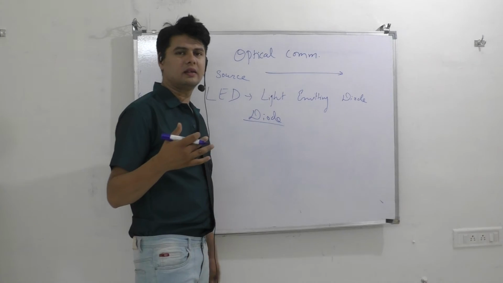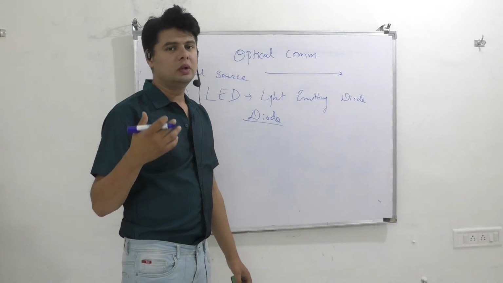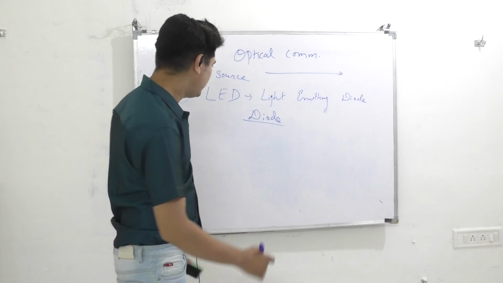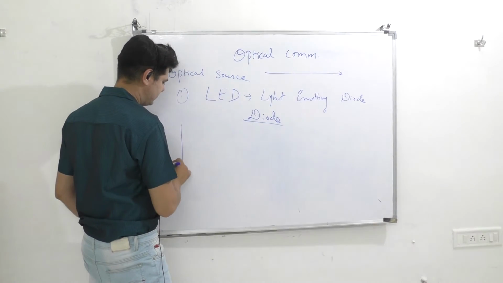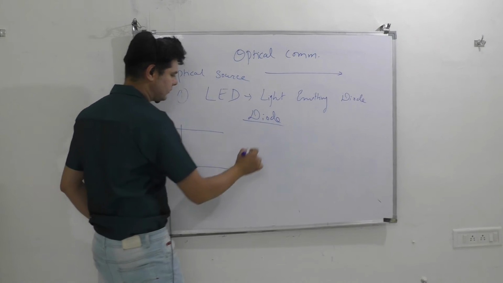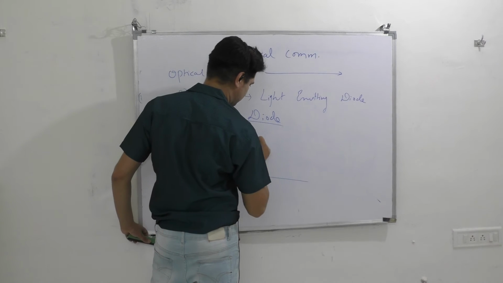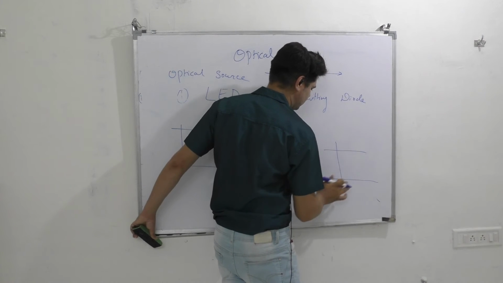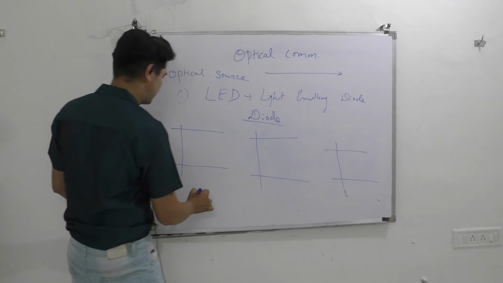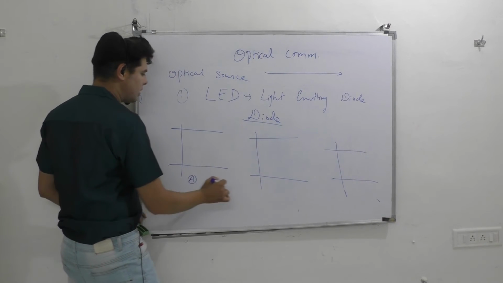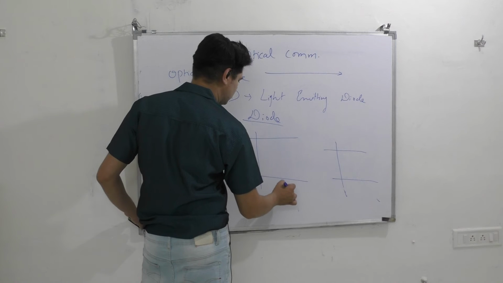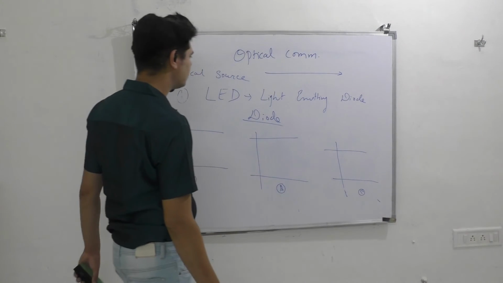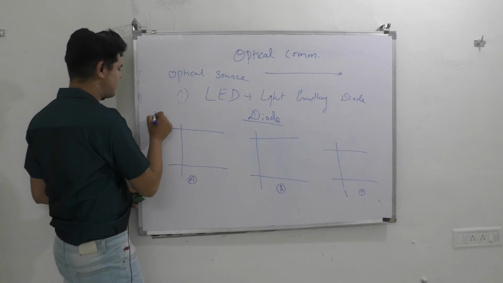Before starting this, I would like to put the lights on the three processes. The first one is making the diagram. This is diagram A, this is diagram B, and this is diagram C. This is the process of absorption.